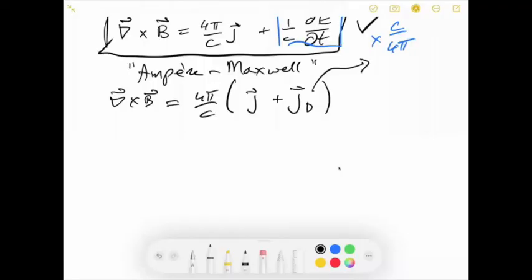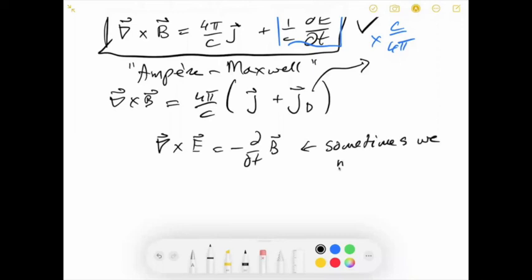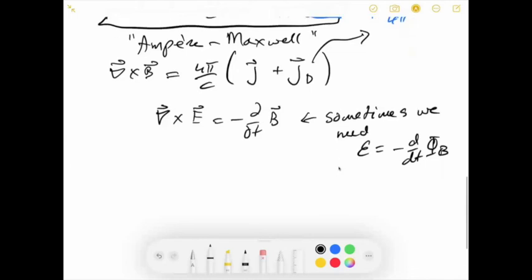So summarizing, we have our curl of E is minus d/dt of B, with the caveat that sometimes we need the integral form, minus d/dt of Φ_B, and we need to assume that that Φ_B can be changing in many ways.